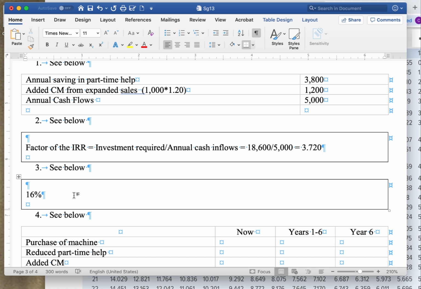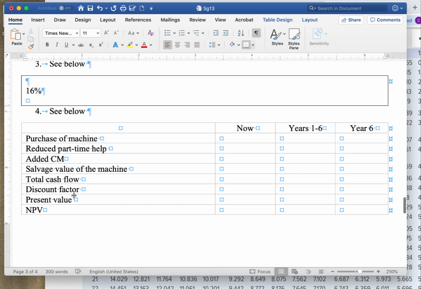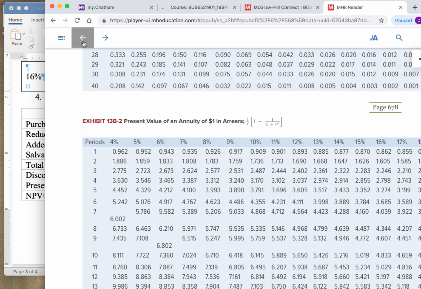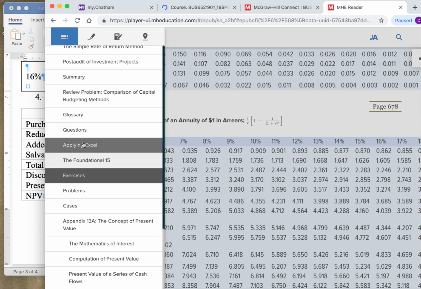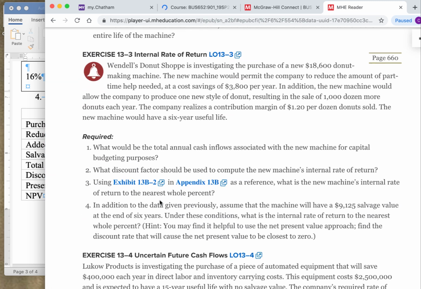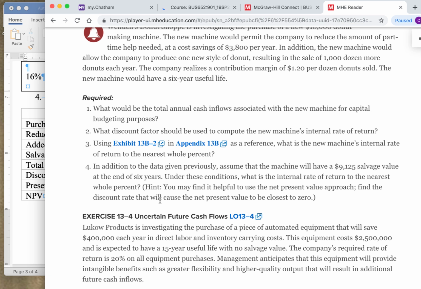Now, number 4. Number 4 says, in addition to the data given, we have to assume that the machine will have a $9,125 salvage value at the end of 6 years.